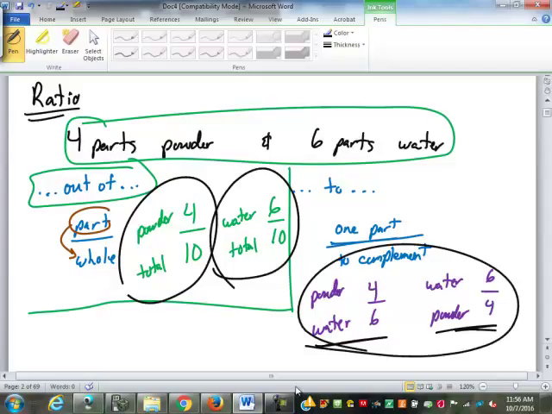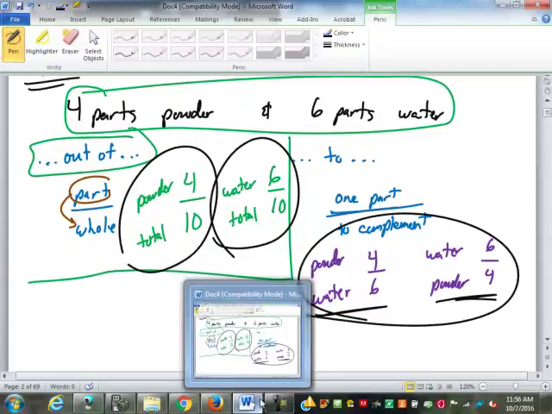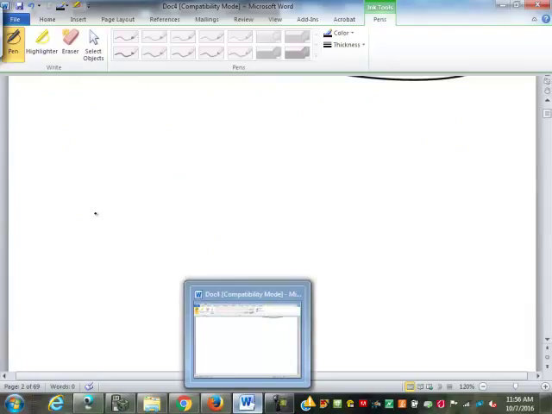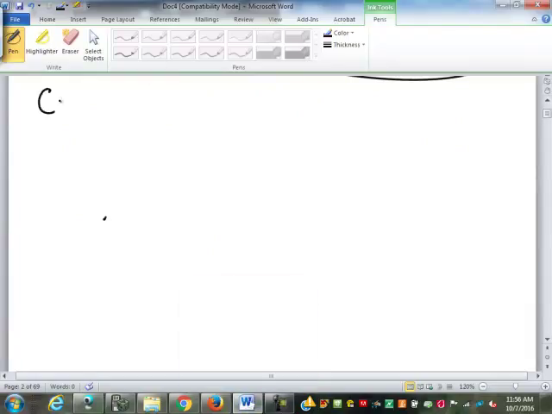So why is this important to the medical fields? Well, when we're looking at concentrations, which we're going to talk a lot about here over the next couple of weeks, concentrations are talking about parts of a medication, and I'm going to use the generic word serum.